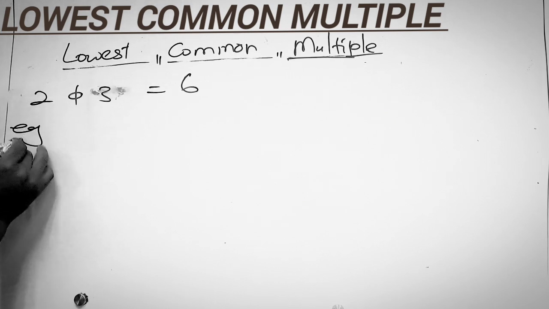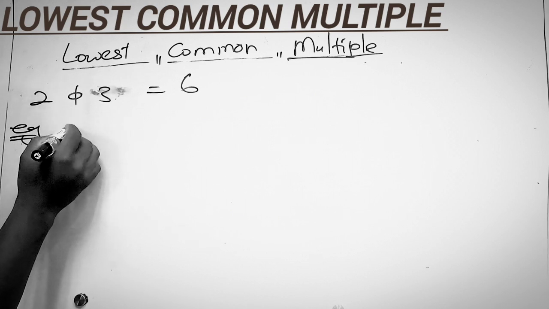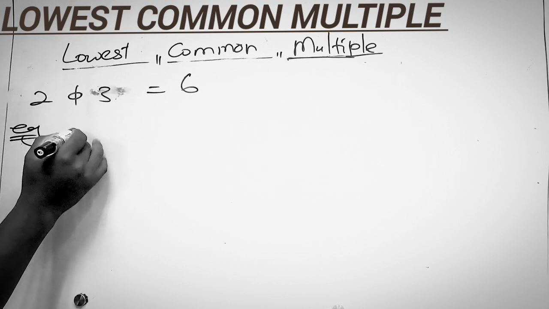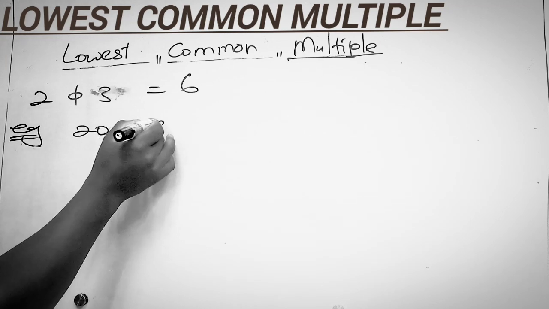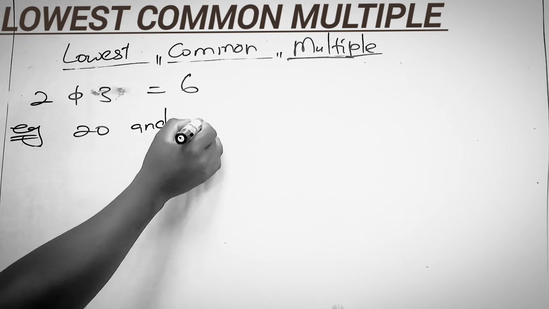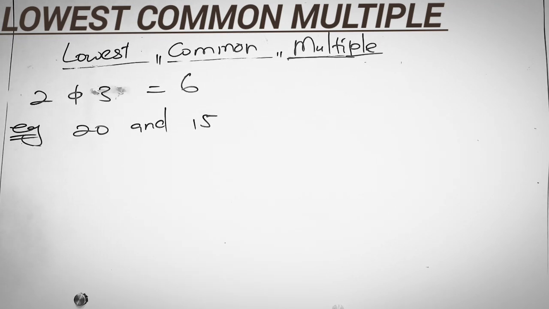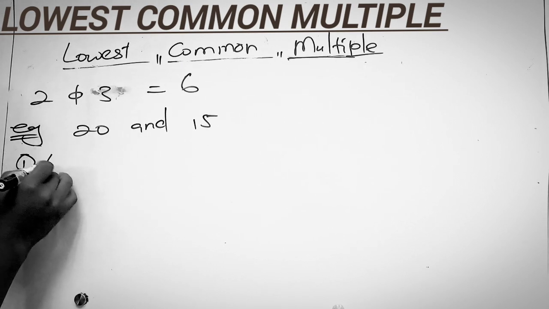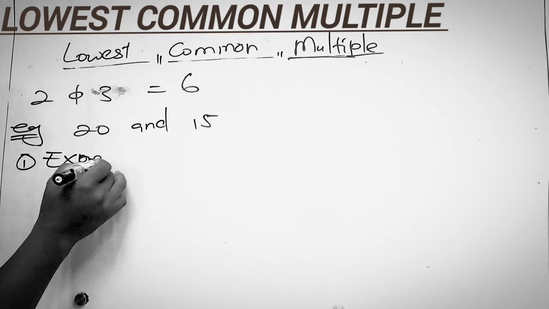Let's have an example, e.g., the lowest common multiple of 20 and 15. So what we do here, the first step is to express each number as a product of its prime factors.